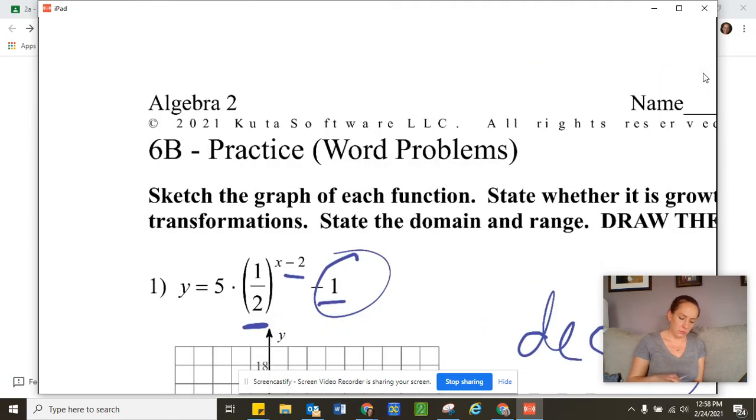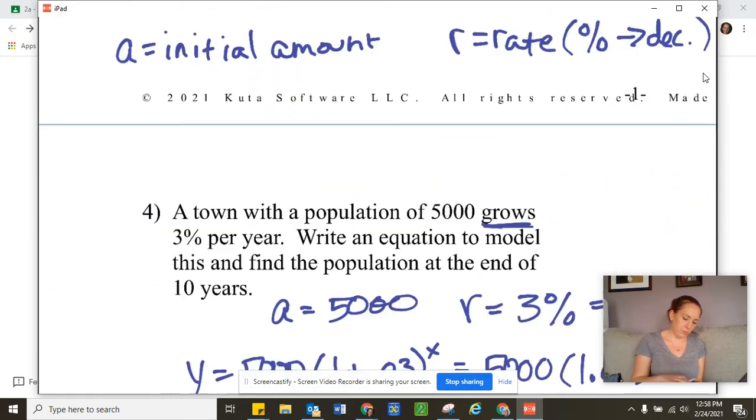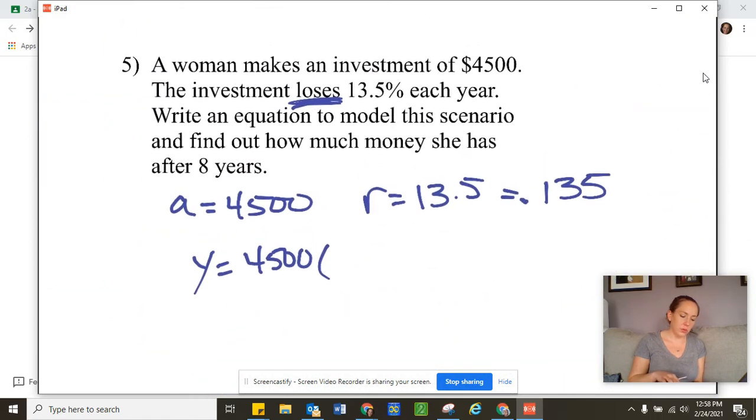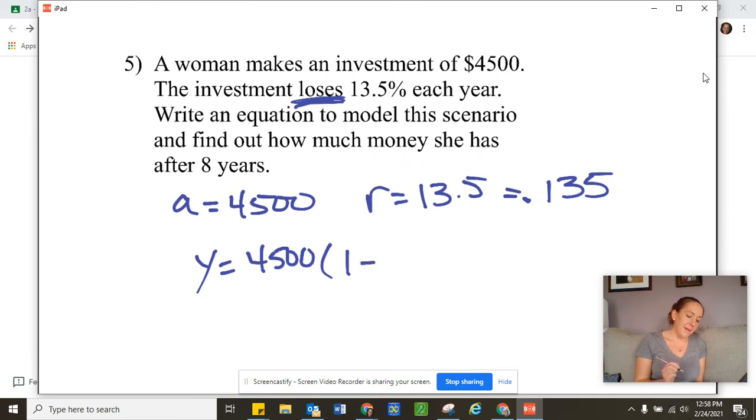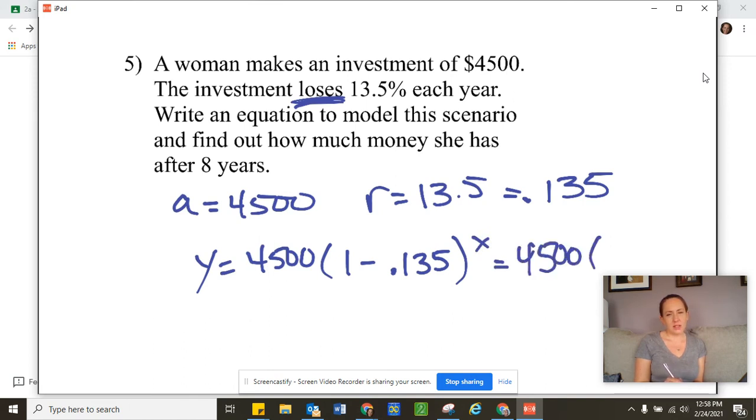So I'm going to do 1 minus 0.135 to the x power, which is basically 4,500 times 0.865 to the x.